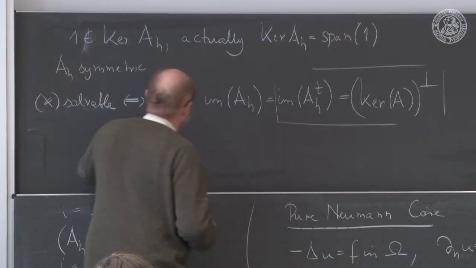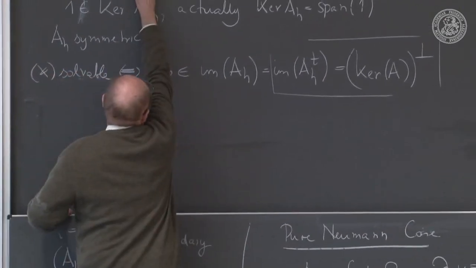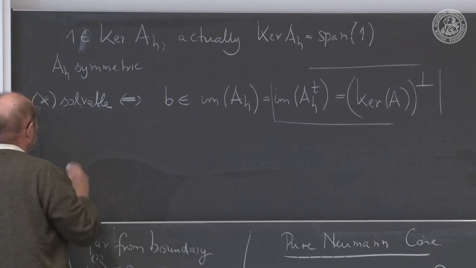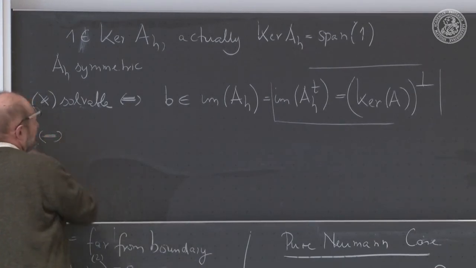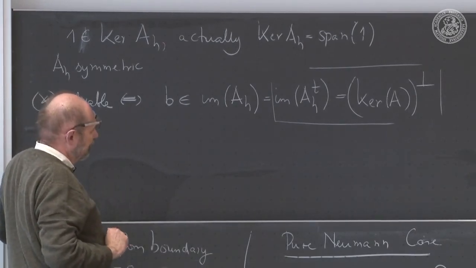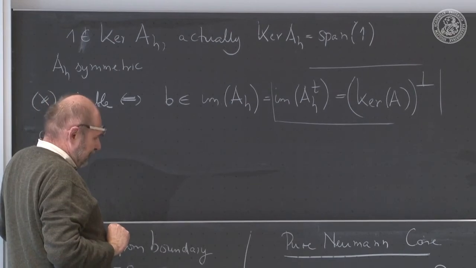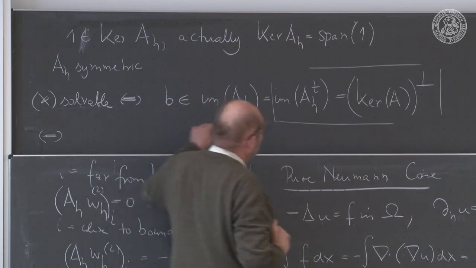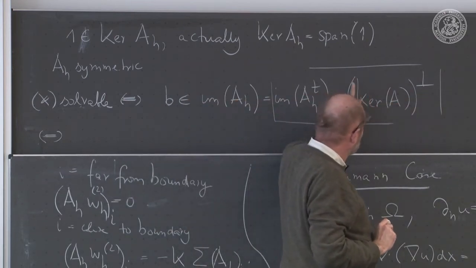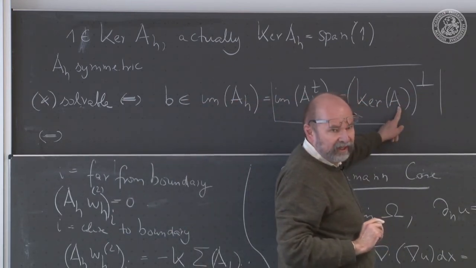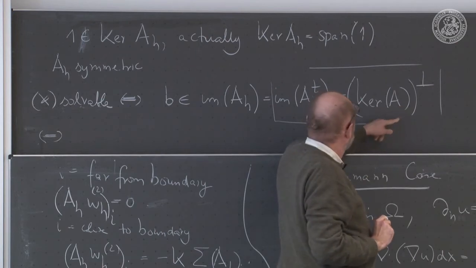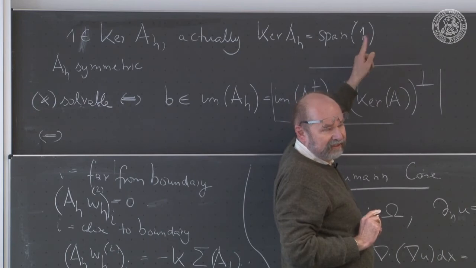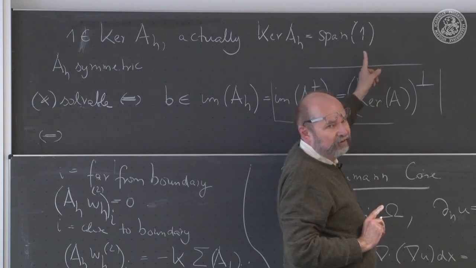Okay, what does that mean? If we take this knowledge into account here, what does it mean? Solvable exactly if the right-hand side is orthogonal to the kernel of A. Orthogonal to the one basis vector. Orthogonal in the Euclidean scalar product.